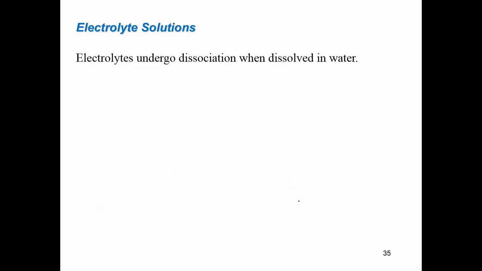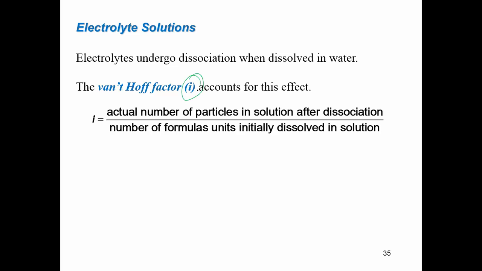Now, an electrolyte solution will undergo dissociation when dissolved in water. We have our weak electrolytes and our strong electrolytes, and we talked about that when we talked about ionic compounds. The Van 't Hoff factor, which is symbolized as an i, accounts for this effect. So i is the actual number of particles in solution after dissociation.